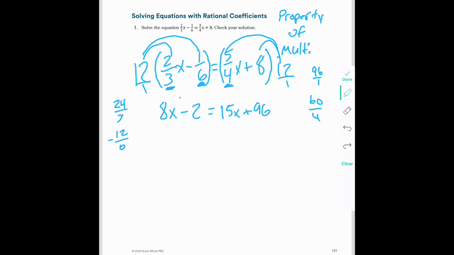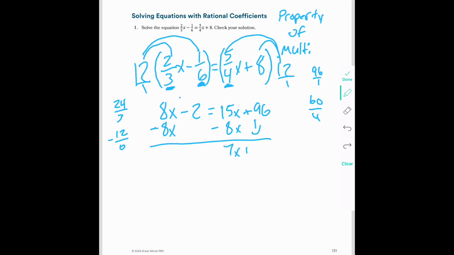So remember, I solved this earlier, and the answer was negative 14. But let's see if we get the same answer, okay? So once again, we're automatically at special step 3, which means we have to get rid of one of the variables. We should get rid of the 8 because if we got rid of the 15, that would be 8 minus 15, which would have gave us a negative 7 versus 15 minus 8, which gives us a positive 7x.